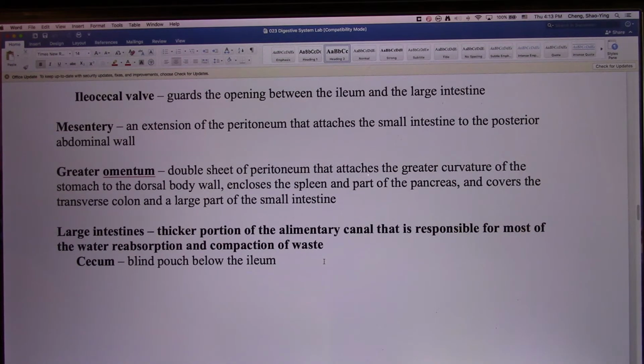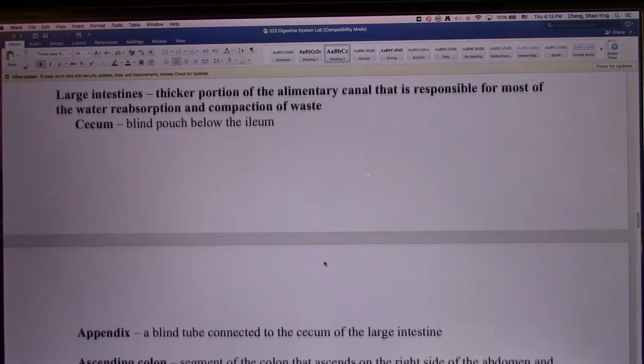All this long tube in your abdominopelvic cavity is fixed there by the mesentery. The mesentery is peritoneum, like duct tape but much more than duct tape. It fixes the GI tract in the correct position.